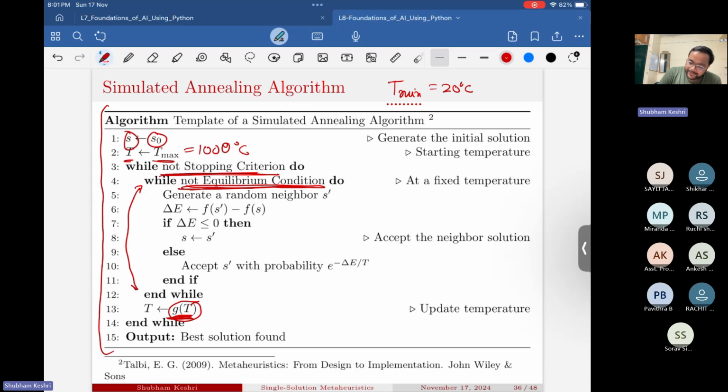So we are starting with this S naught. We generate a neighbor. We calculate delta E. And by the way, if delta E is better, matlab, if it is a good solution, we will always go to that good solution. But if it is a worse solution, then there is this probability with which we'll go to that solution.